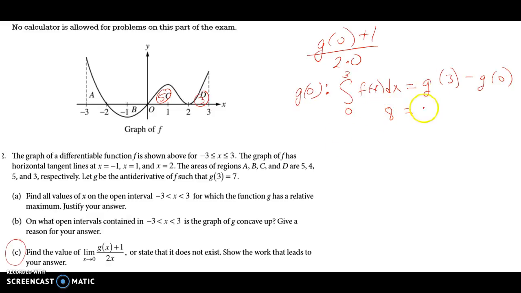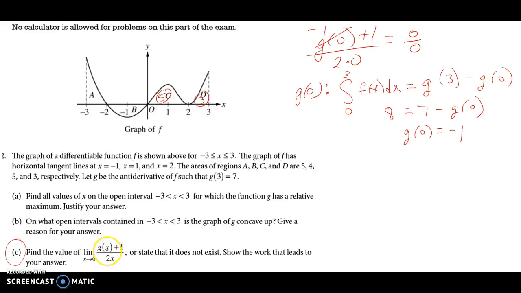We know g of 3 is 7. We only have our unknown, which is g of 0. So we can solve this, and we see that g of 0 is negative 1. So now when we go back to that limit, we replace g of 0 with negative 1, and you see we get 0 over 0. That makes this limit indeterminate.